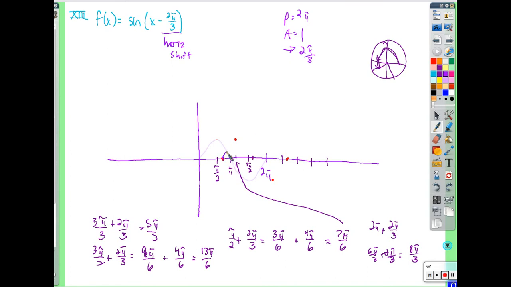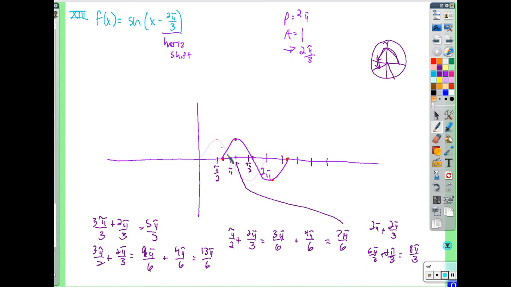So our new graph is just shifted to the right 3 pi over 2. Every point moves to the right 3 pi over 2. There we go. So we need to find those key points, move them to the right that much, and then plot our graph through there. All right.